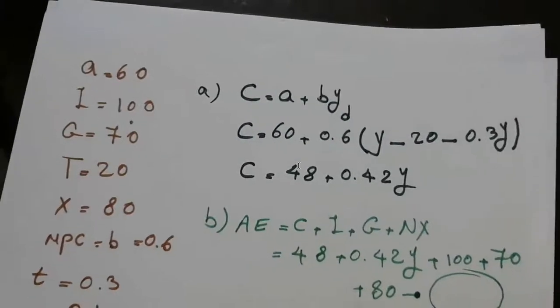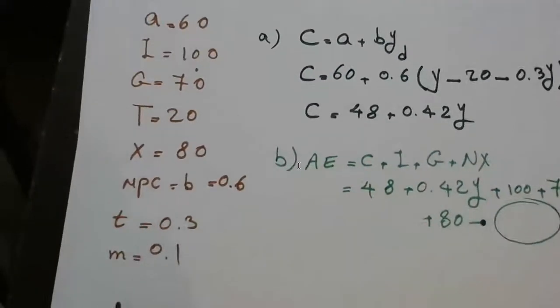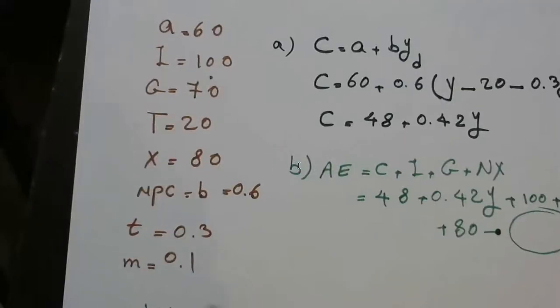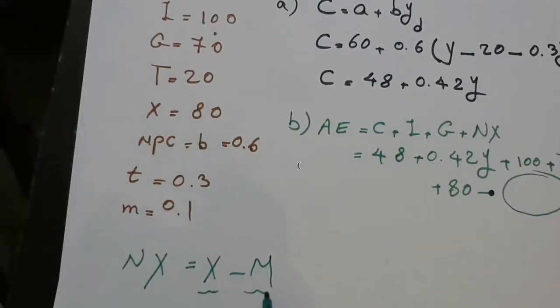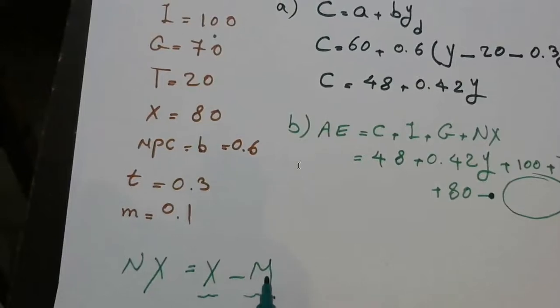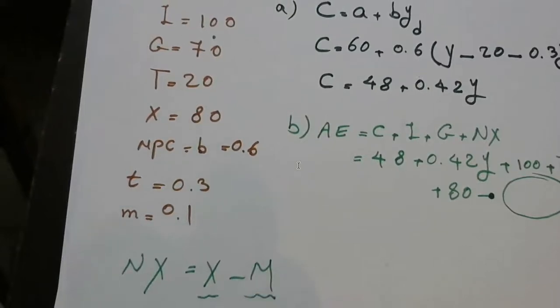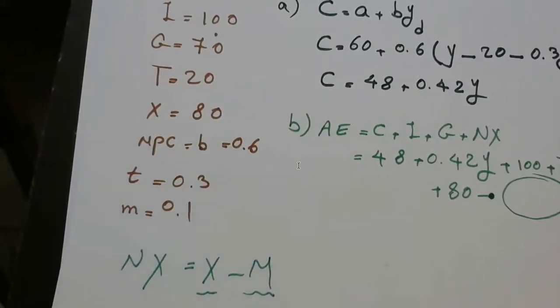Normally whenever we are talking about NX, it means we are talking about X minus M. X is given. Till now we had only the autonomous import, so we were just talking about the autonomous import so far.